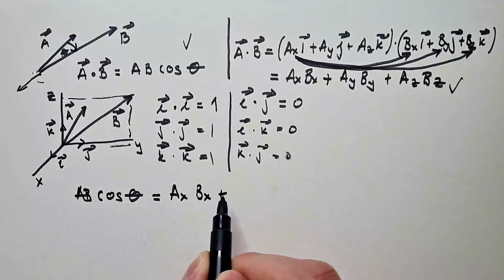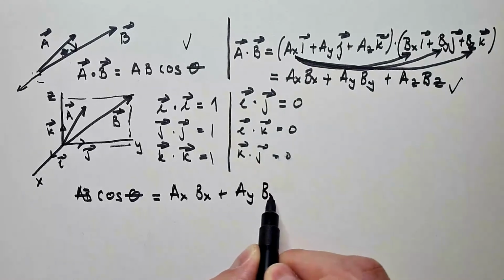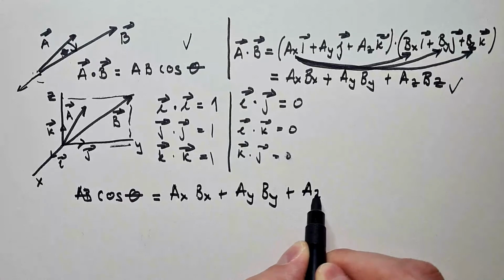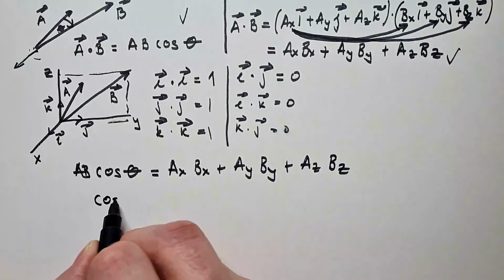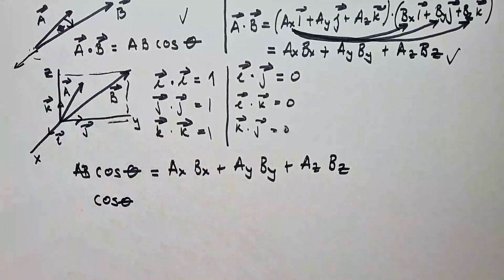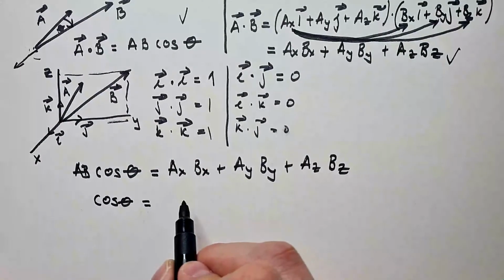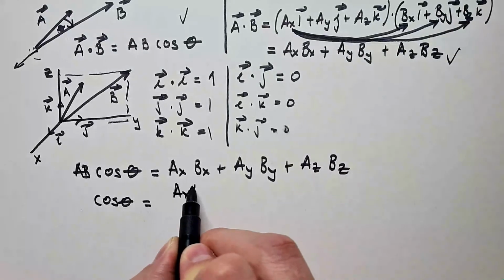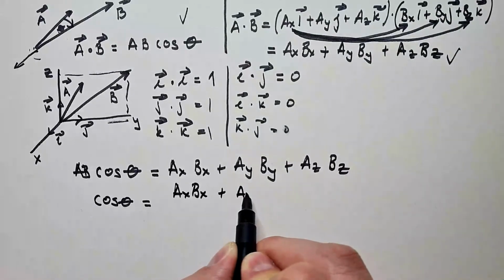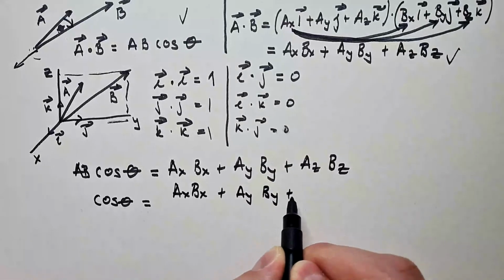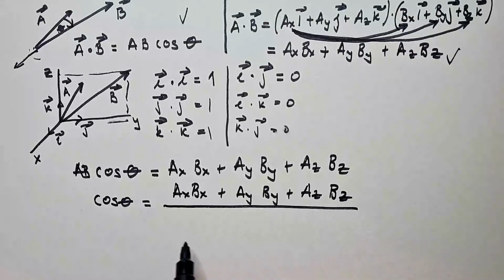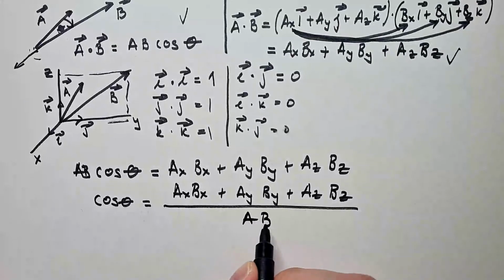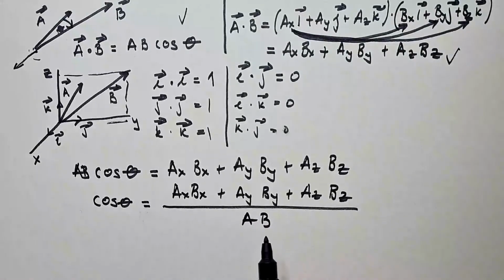A_x B_x plus A_y B_y plus A_z B_z. From here I can write that cosine theta, which is the angle between these two vectors, is equal to A_x B_x plus A_y B_y plus A_z B_z divided by A times B, where A and B are the intensities of these vectors.